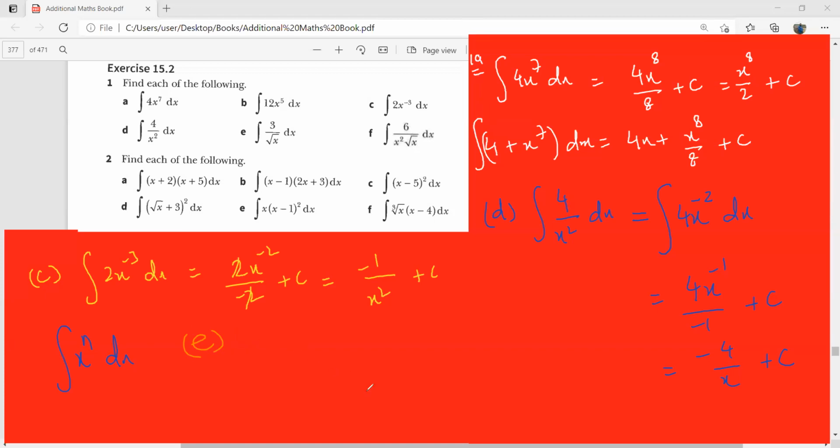Sir, do we just leave the C or are we supposed to find out what C is? Yeah, that you will learn in the applications of integration. You will have to find that value of c. In fact, this is exercise 15.2. The integrals that we're finding right now are called indefinite integrals because we do not know the value of c over here.